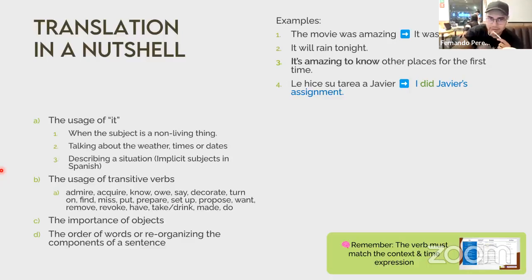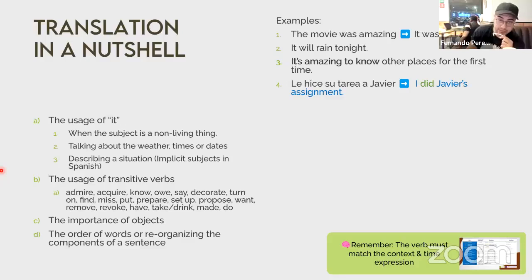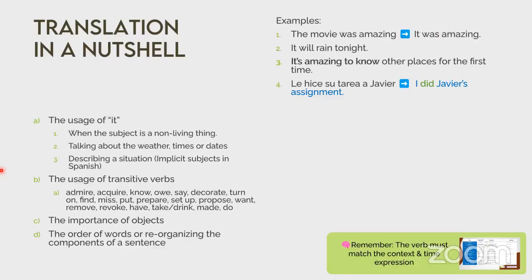It was very important that you said "the," because when you're talking about a specific thing in Spanish, we say "la tarea." In English, the word "Javier's" with the apostrophe eliminates "the," because it's a specific assignment. You have two options, "the assignment" or "Javier's assignment." Never both.